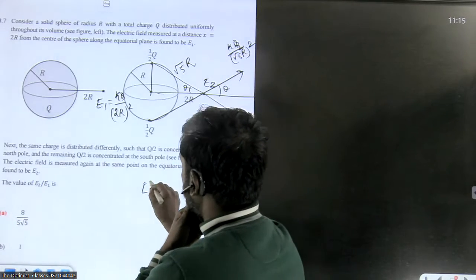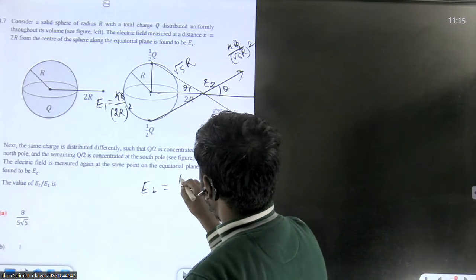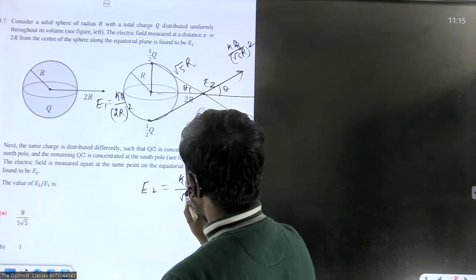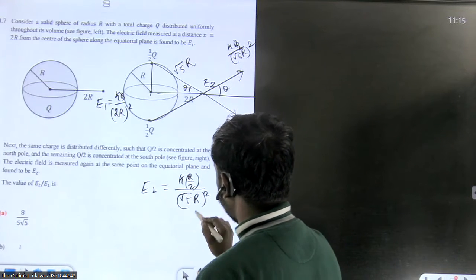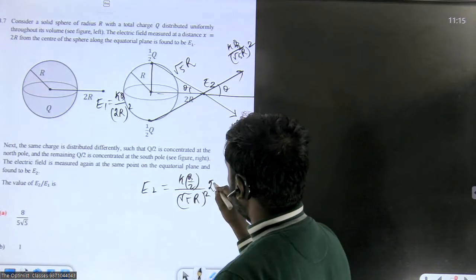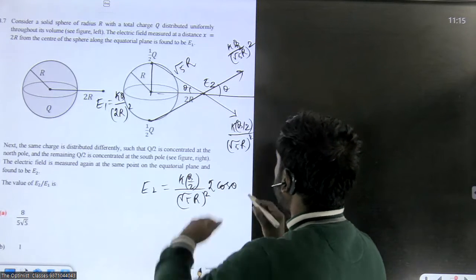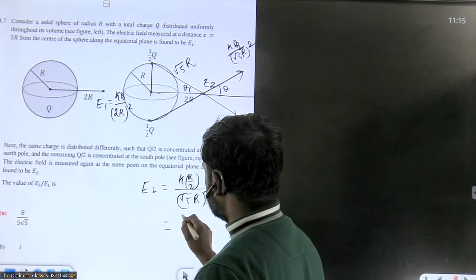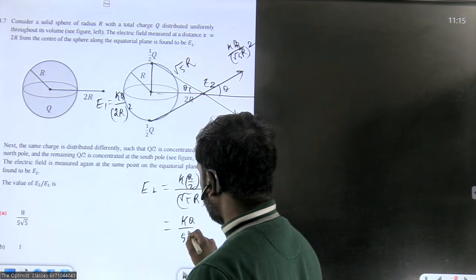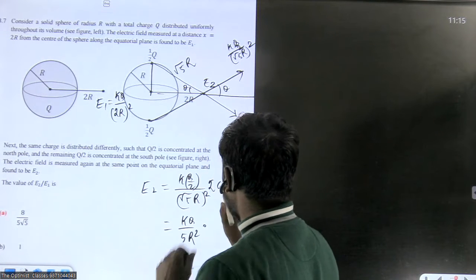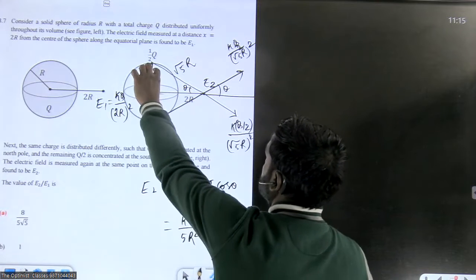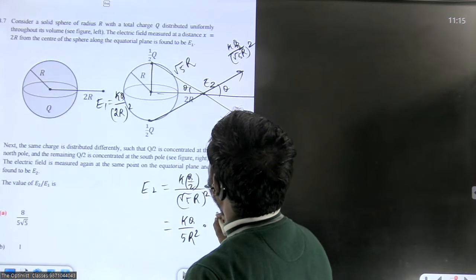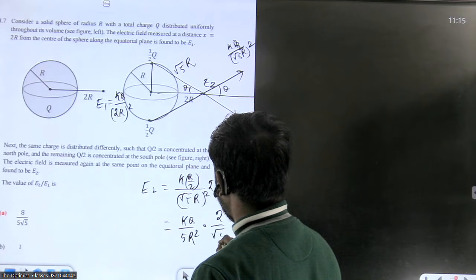So E2 will be equal to kq by 2 divided by (root 5r) whole square, and 2 cos theta. The 2 and 2 will cancel out, so we'll get kq by 5r square, times cos theta. If you calculate from here, cos theta will be b by h, so this will be 2 by root 5. That is the value of cos theta.